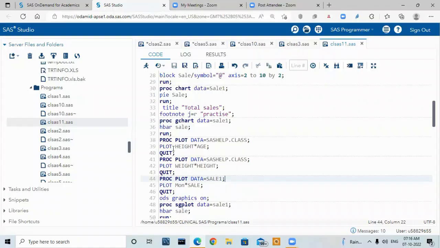Here the plot is used for drawing the graph between two variables. Before, in the graphs we have used, how many variables did we use for drawing the graph? A single variable. In the previous graphs, sale is the one variable.